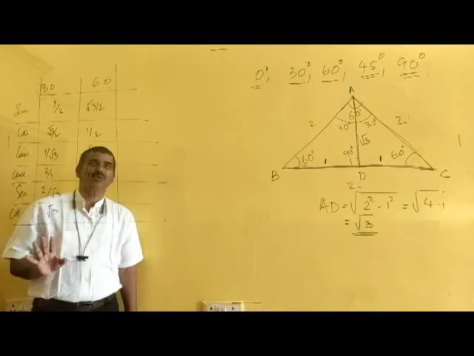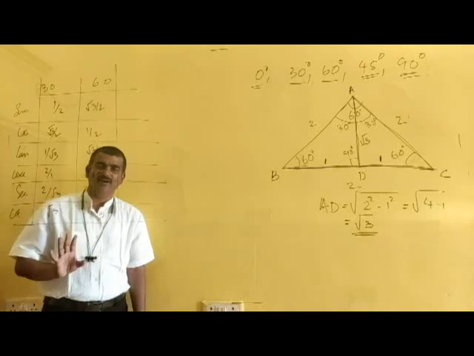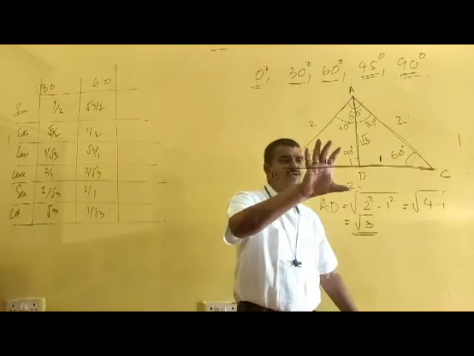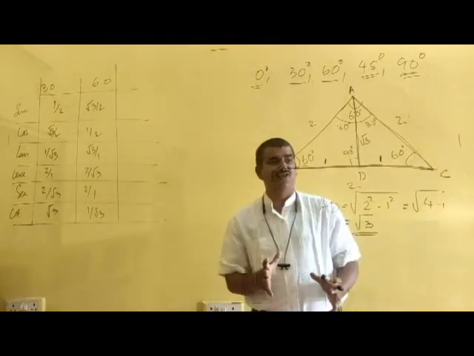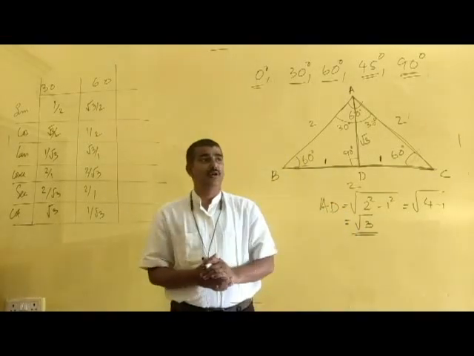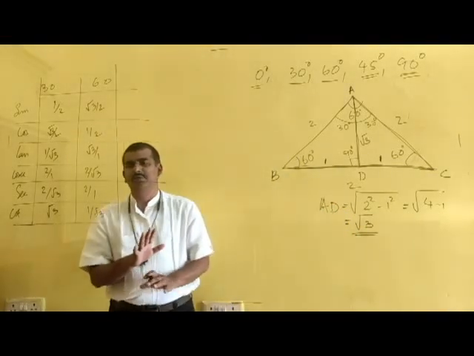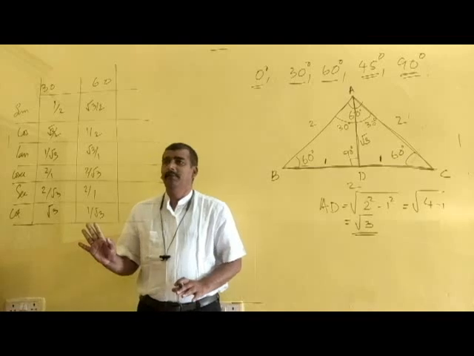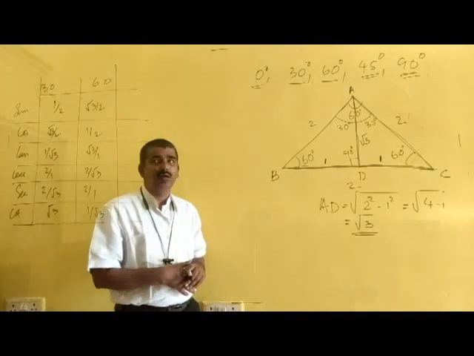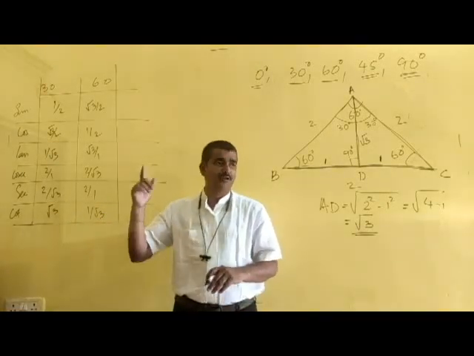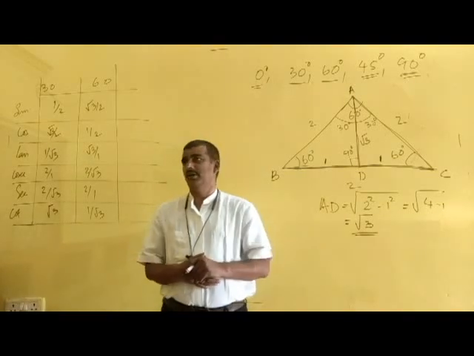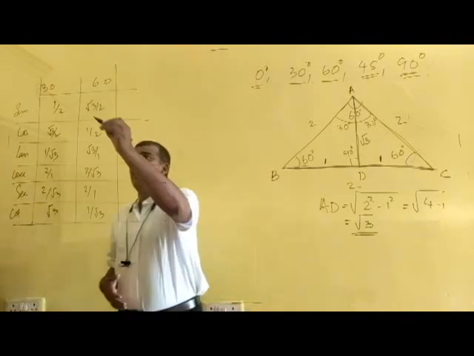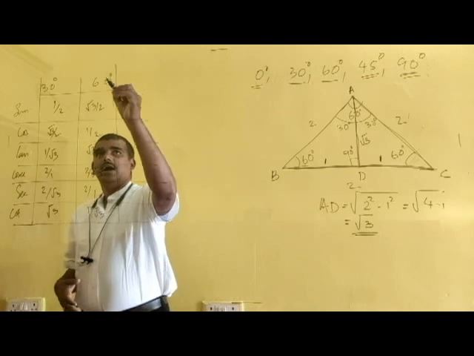See, all the values are confirmed over here with respect to this picture. So fit this picture in your mind, so that you may not have any difficulty to write the values of different ratios according to the particular angles, 30 degrees and 60 degrees.